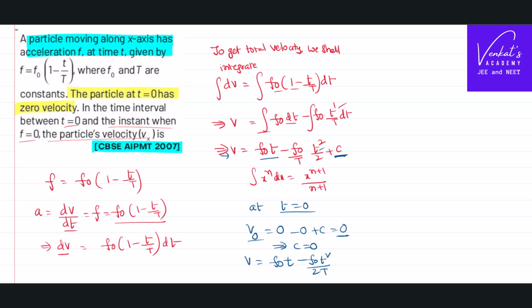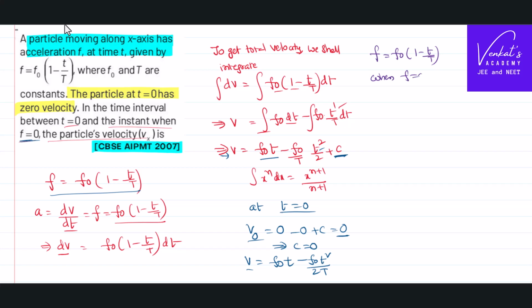Now, what happens when f equal to 0? We have the equation for f: f equals f naught (1 minus small t by capital T).